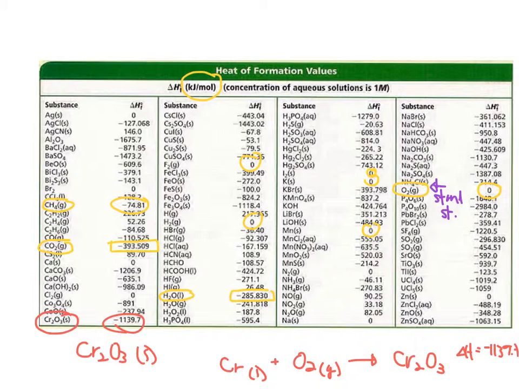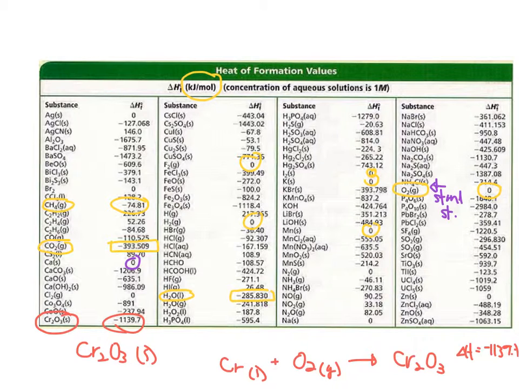You'll notice the same is true for F2 gas, H2 gas, and CaCO3 solid at room temperature. So whenever we see an enthalpy of formation of 0, that just tells you that at room temperature, at standard state, that's the most stable form of that compound. It's how it exists just naturally without any sort of intervention.